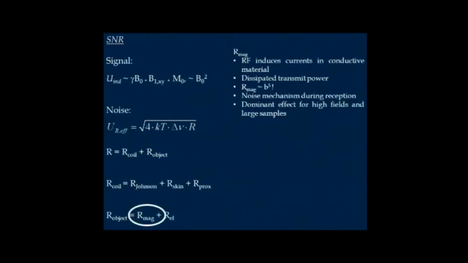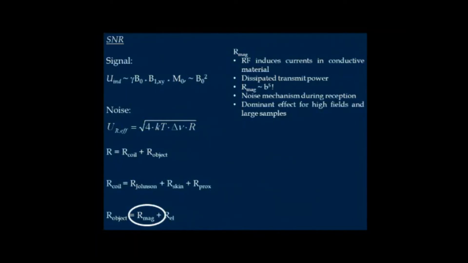Coming to the object noise, the object losses and noise created by the object, there are two main things. There's a loss related to magnetic fields and a loss related to electric fields. The loss related to the magnetic fields originates from currents induced in conductive material of your sample.